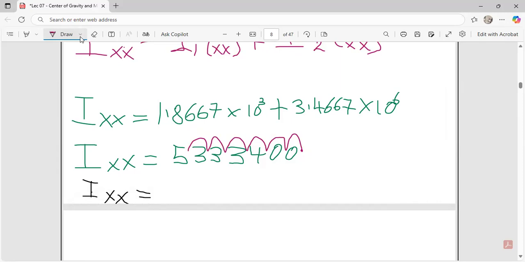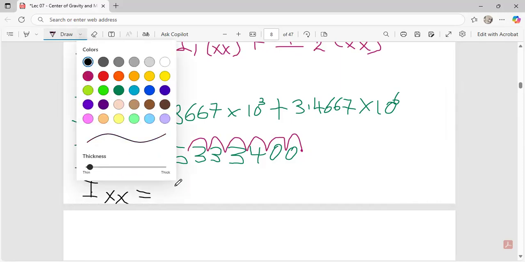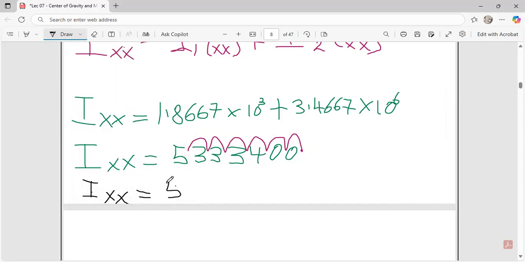So at the end of the day, that is going to become 5 point what? We just want 3 decimal places, so 5.333 what? 4 times 10 exponent 6. Okay, good.